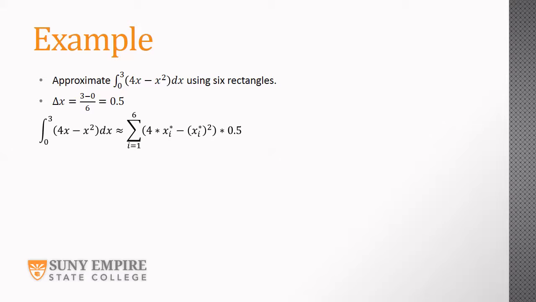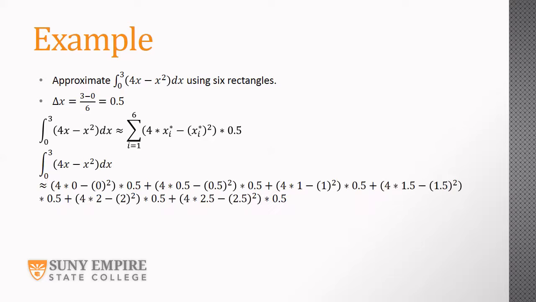So our Riemann sum will be the sum from i equals 1 through 6 of the quantity 4 times x sub i star minus x sub i star squared, multiplied by 0.5. Plug in the appropriate x values. Calculating, we find an approximation for the integral of 8.125.